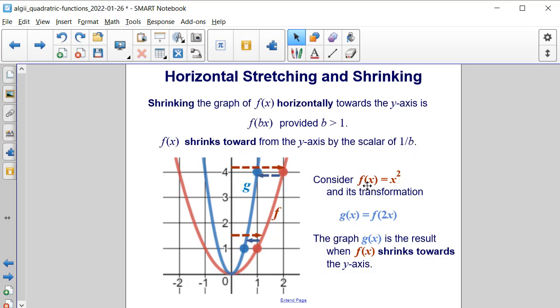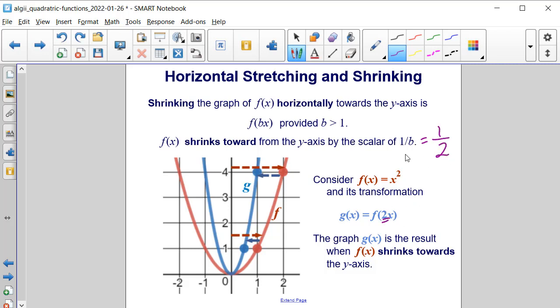So if we consider the function f of x being equal to x squared and the transformation g of x being f of 2 times x, the graph of g of x shrinks towards the y-axis by a scalar of 1 divided by b, which is 2. So the scalar for this horizontal shrink is 1/2.